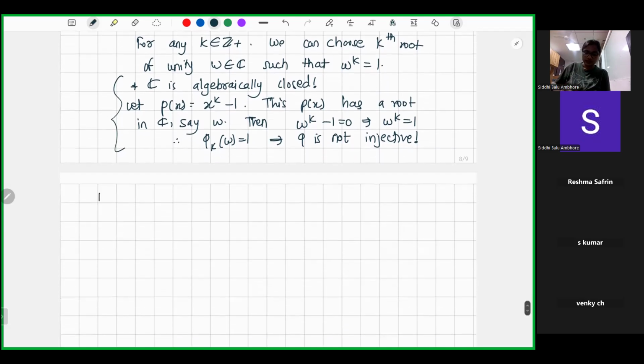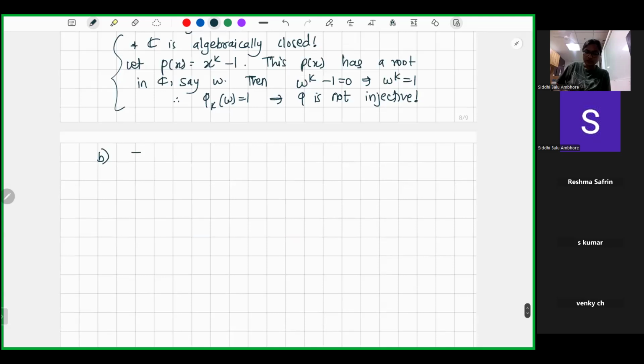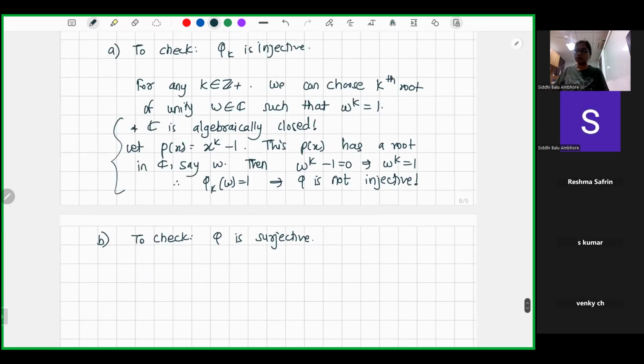Okay. Now part B, we have to check the surjectivity. To check phi is surjective, can you now guess how we are going to proceed?